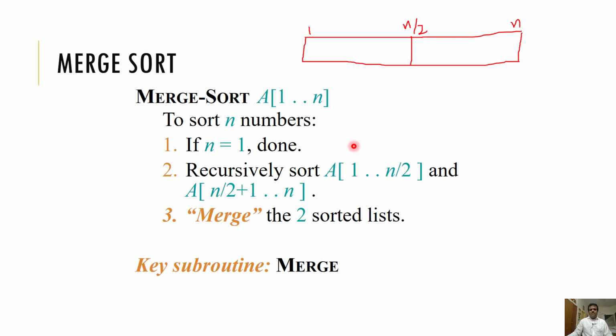This will continue until the array size reaches 1, because once it has reached 1, then that is sorted, because with only one element it is sorted. So, we have one element here, one element here, this is sorted, then we call the merge and it will give us that corresponding subarray. Then we have a sorted subarray, we call merge, this way we go and ultimately we reach here.